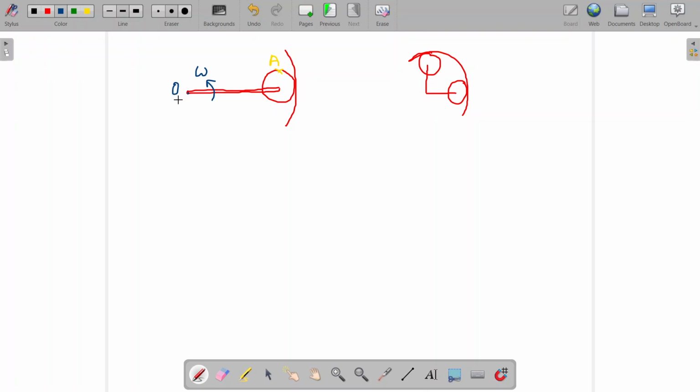That is given to us. So obviously the system is going against gravity. So after some time, moving in this vertical circle, it will reach the highest point.